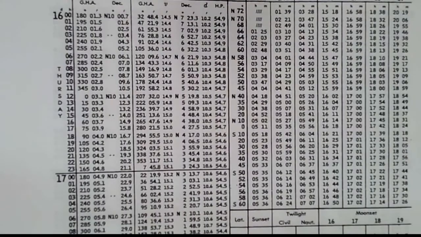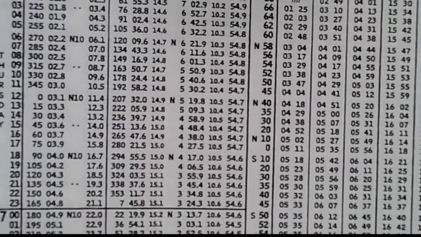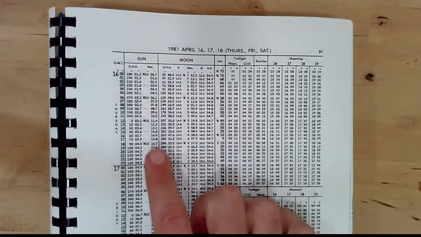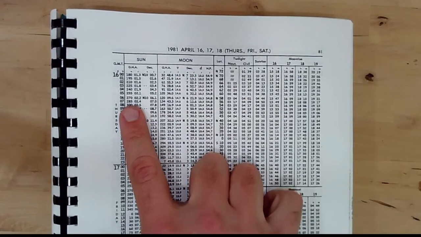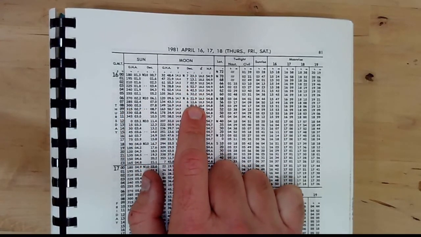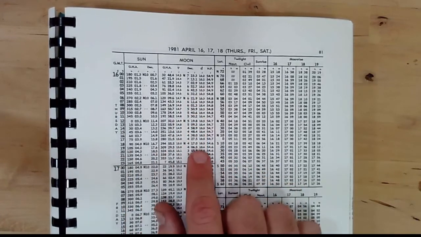All right, so here is the Nautical Almanac. Here's the moon. We got the 16th of April. So we're going to look for the declination of the moon on the 16th of April at 1830 GMT.